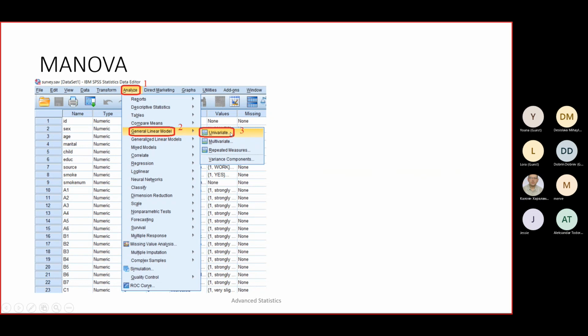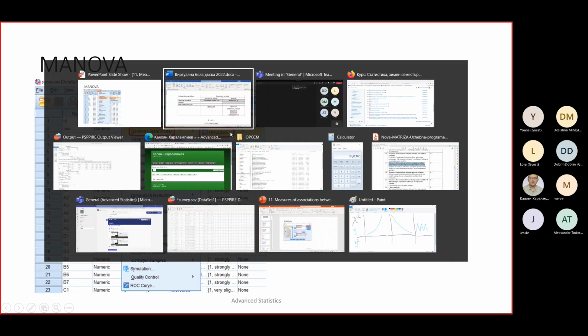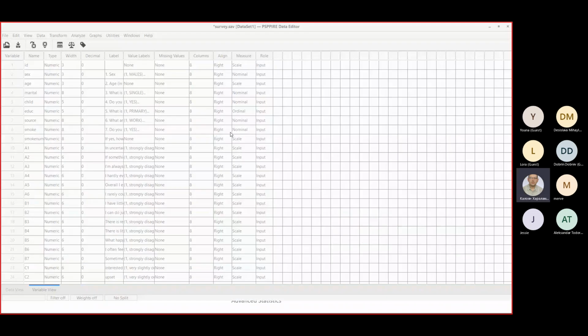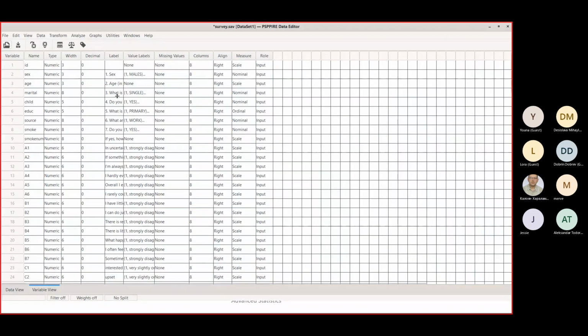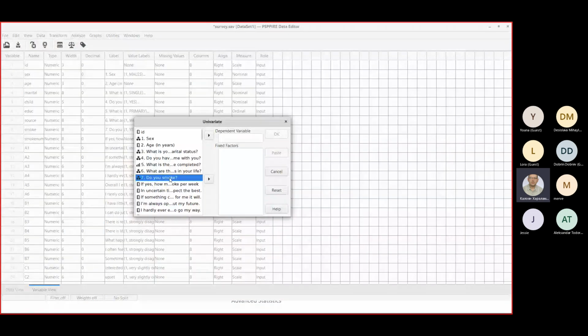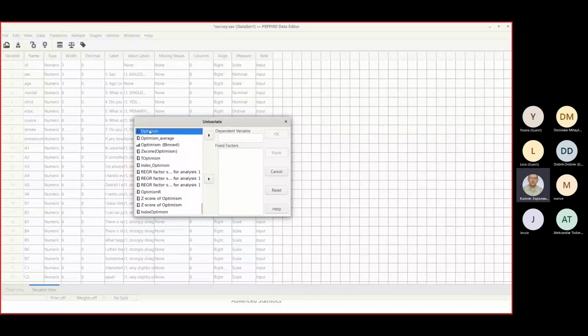In PSPP, this option is called directly. I will use again optimism as the dependent variable, so I will move optimism to the field dependent variable.